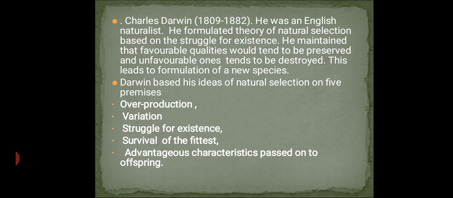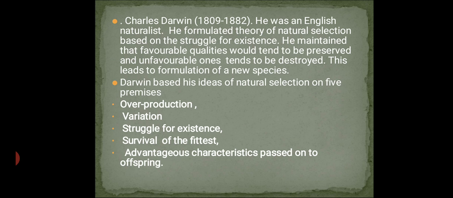The second theory is Charles Darwin's theory of evolution. I made you understand that he published a book known as Origin of Species by Natural Selection. He was an English naturalist. He formulated the theory of natural selection based on the struggle for existence.